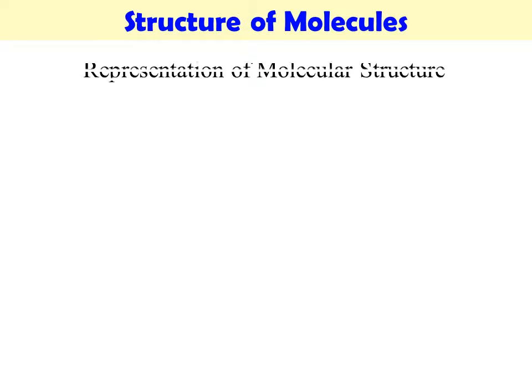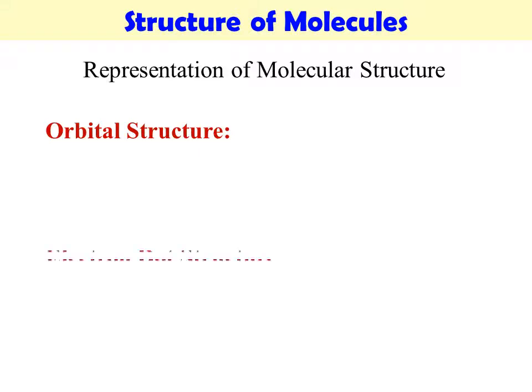Coming to the next, that is representation of molecular structure. What are the different ways of representing a molecule? We have already discussed this earlier. The first is the orbital structure, and the second is the electron dot structure.